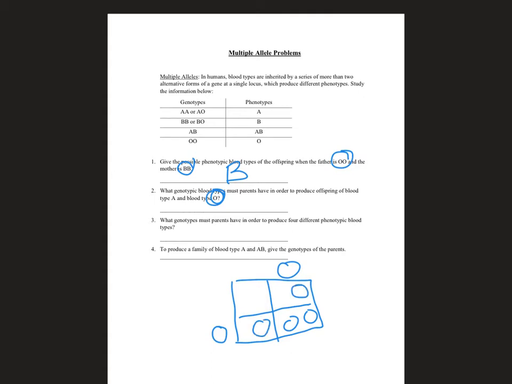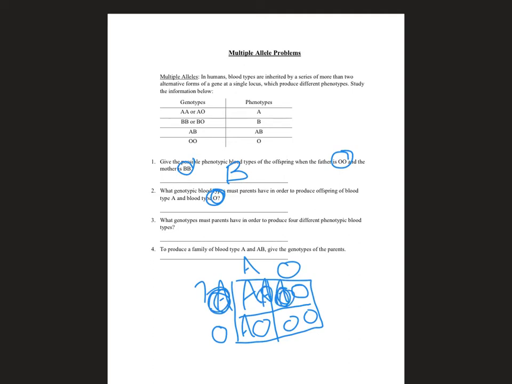Now, the only way that you're going to get a type A in here is if at least one of the parents has a type A. Now, do you know for sure what this is? No, because this in and of itself could be an A, which would make these all A's, or it could be an O, which makes this O, okay?